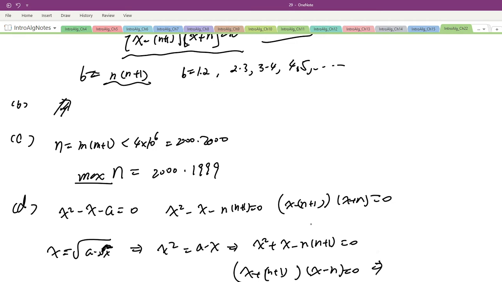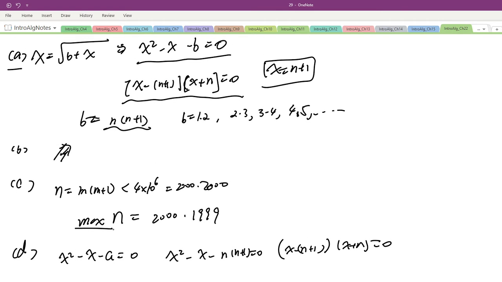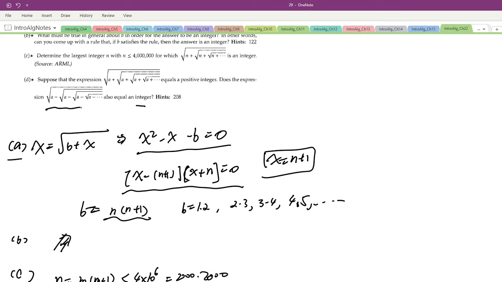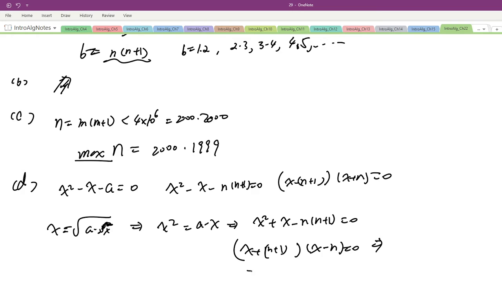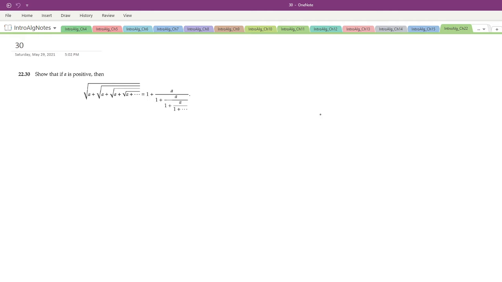Because the square root is greater than or equal to 0, the negative answer cannot be true, so x equals n. So the answer is yes, it's also an integer. We want to show that when a is positive, this one becomes this one.